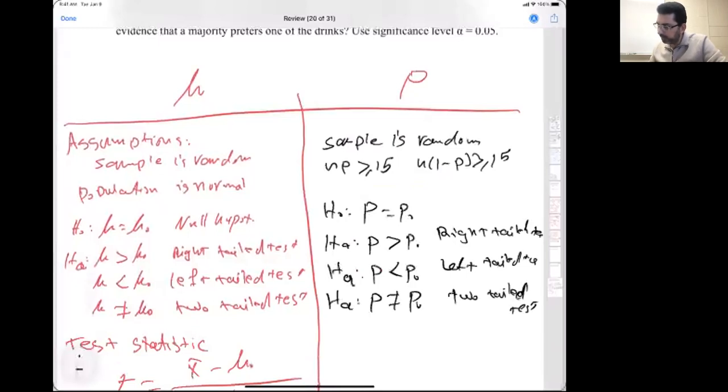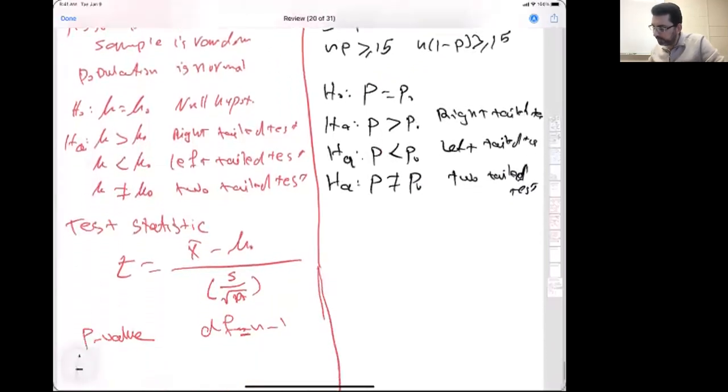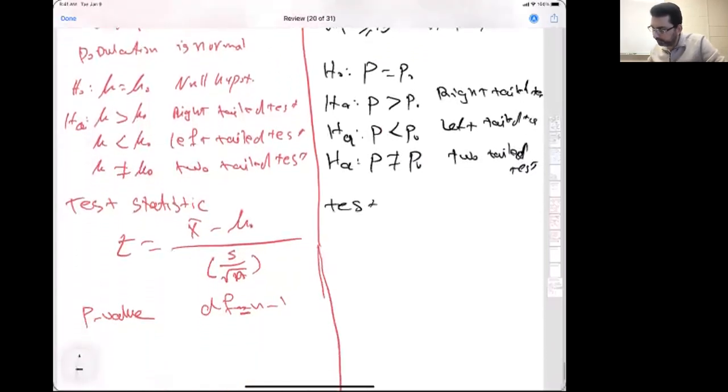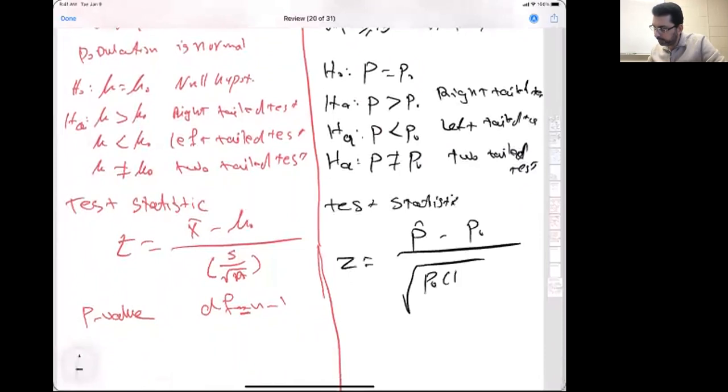As you can see, the test statistic is Z equals p hat minus p naught divided by the square root of p naught times 1 minus p naught divided by n.